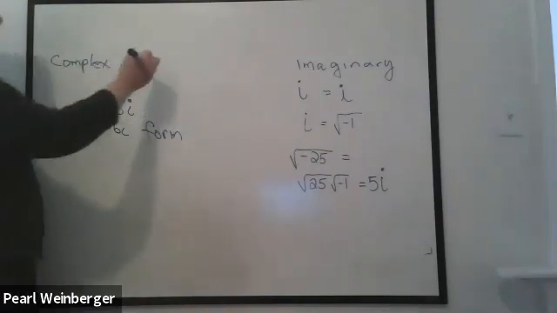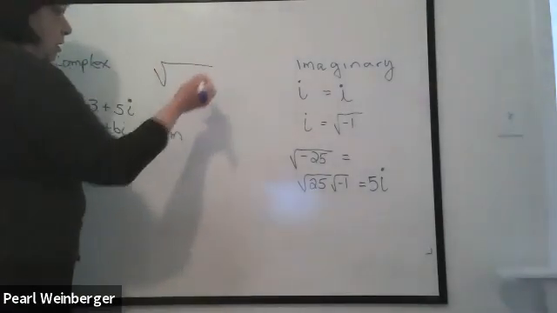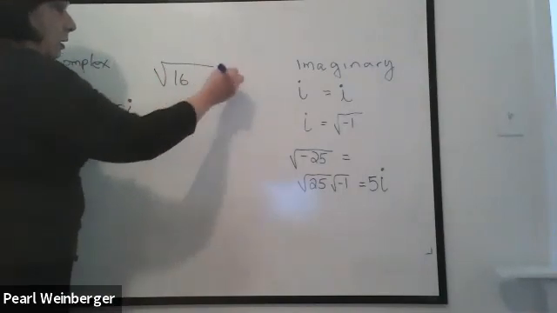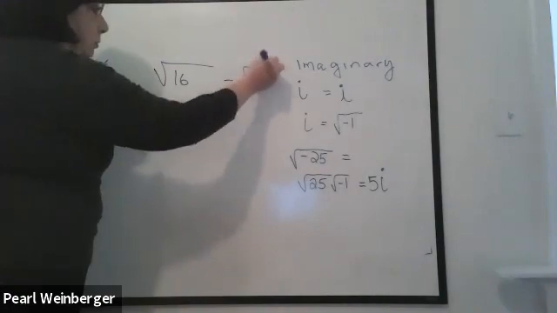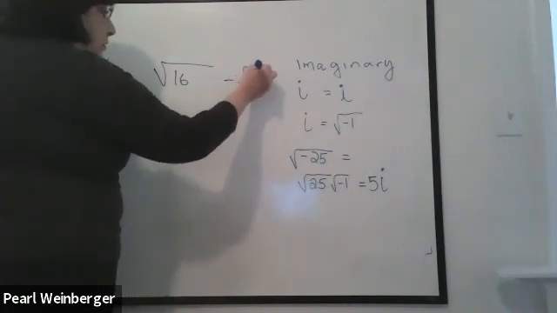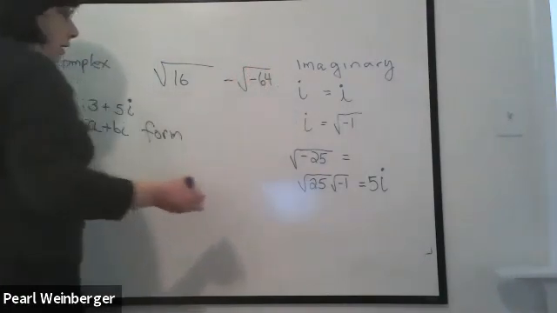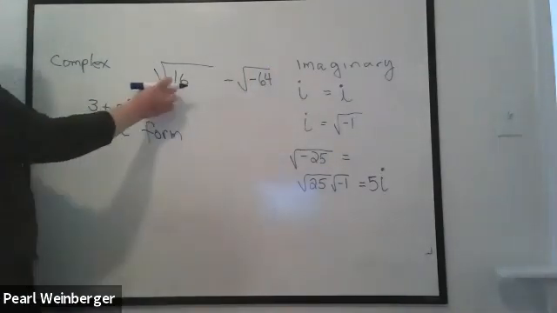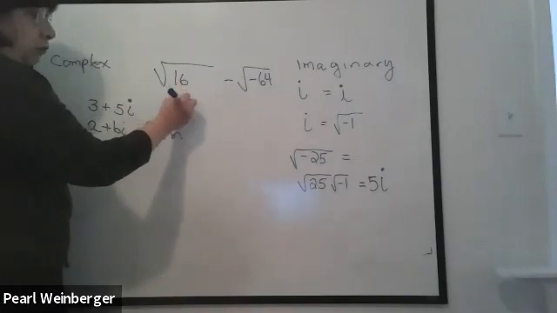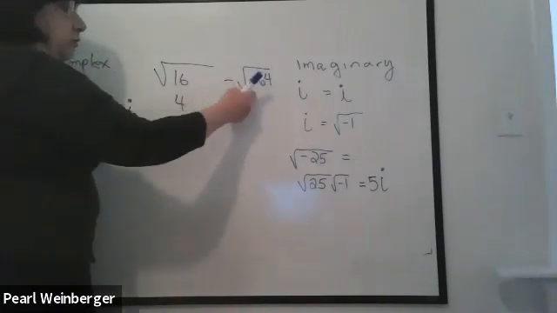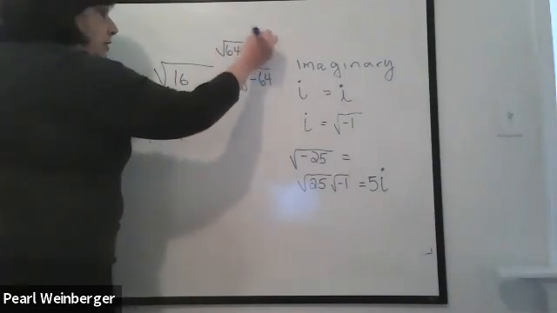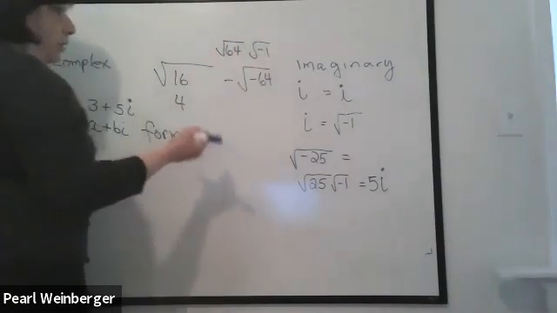Now, if I were to have given you something like this, the square root of 16 minus the square root of negative 64, and I asked you to simplify it. Obviously, the square root of 16 would be 4. The square root of negative 64 would be the square root of 64 times the square root of negative 1.